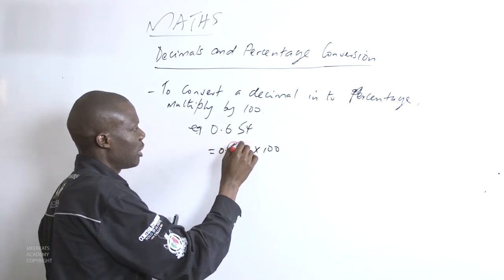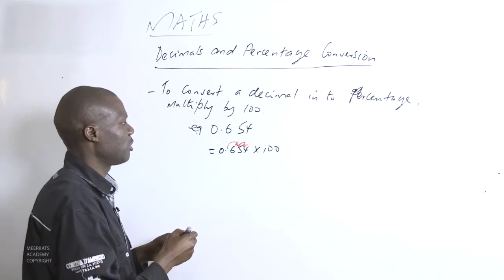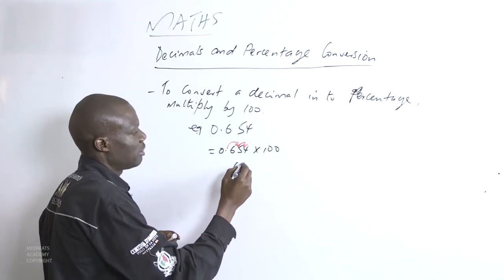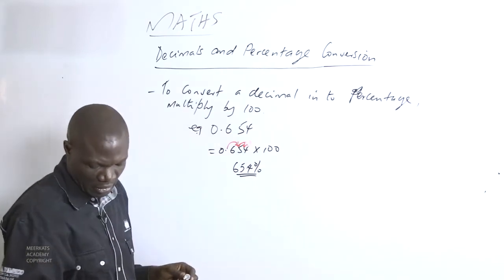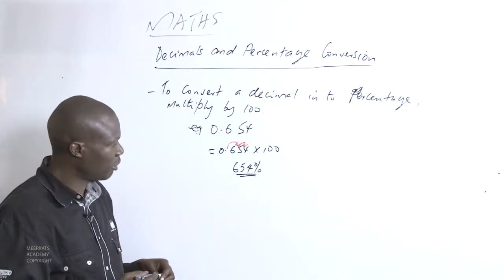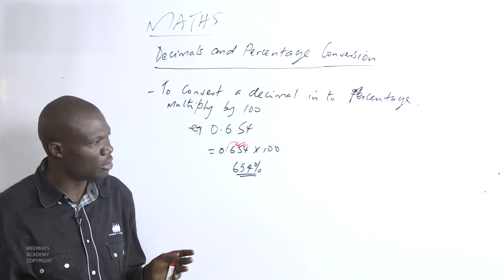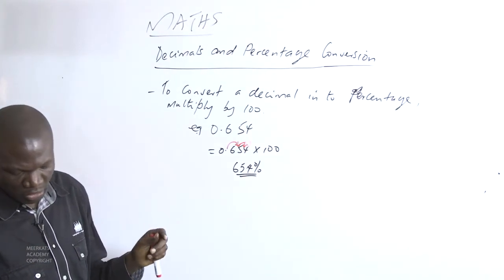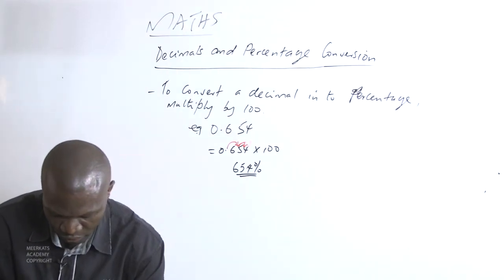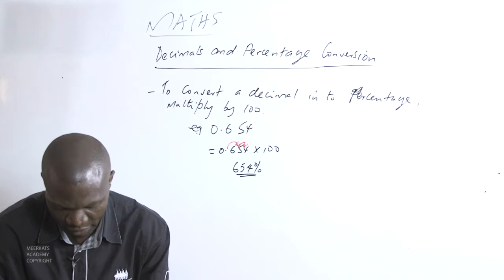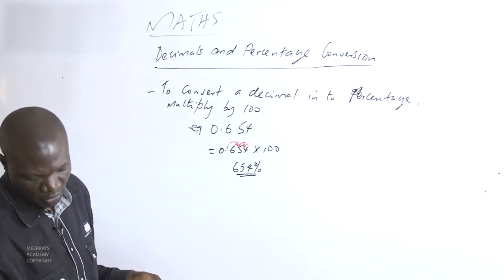So this is 1 here, the second one is between 5 and 4. So you find that you'll have 65.4%. So a decimal into a percentage, you only require to multiply.